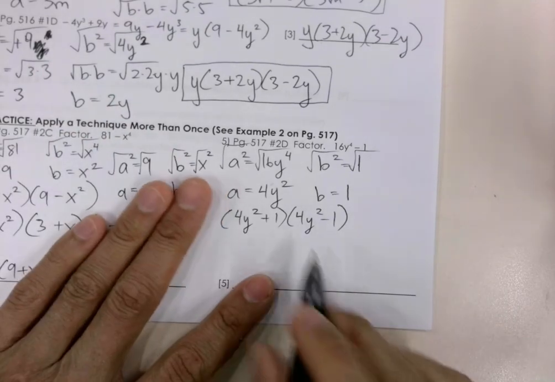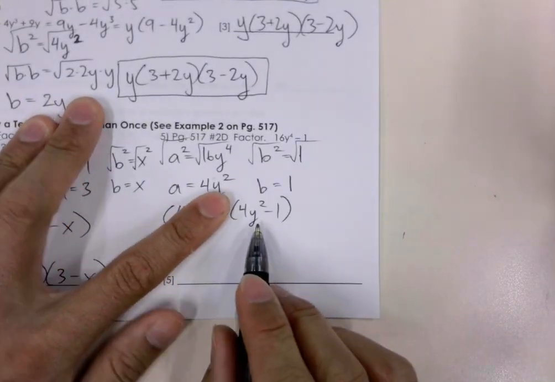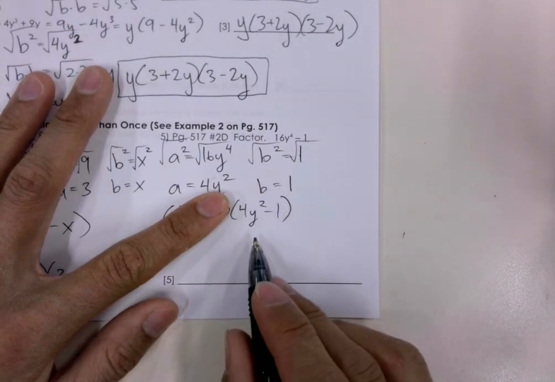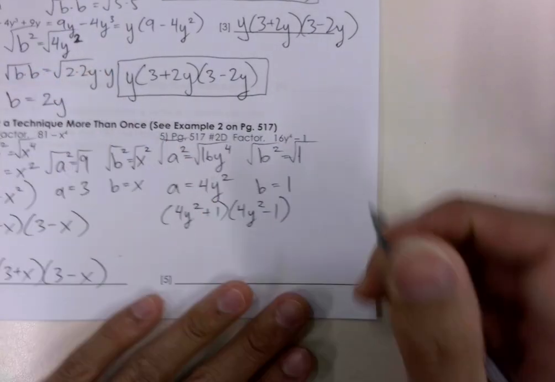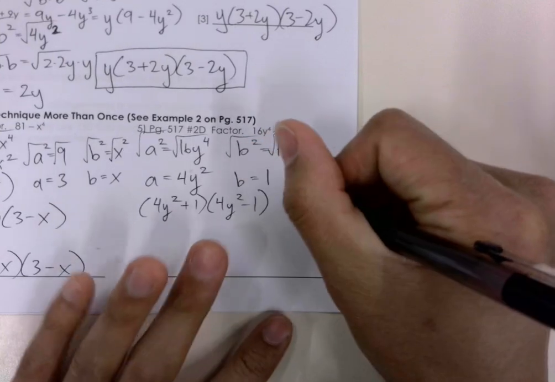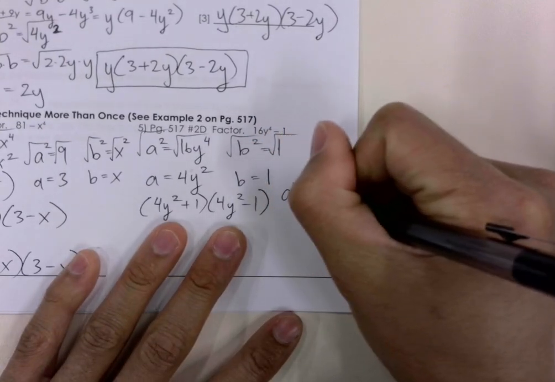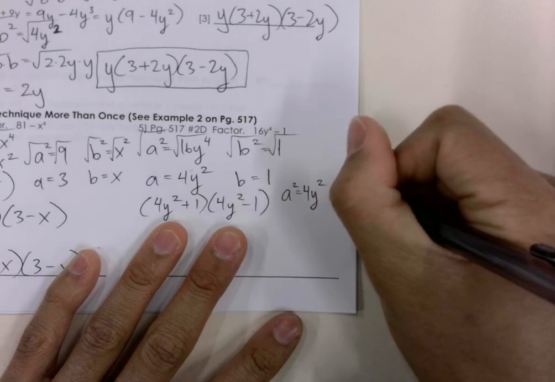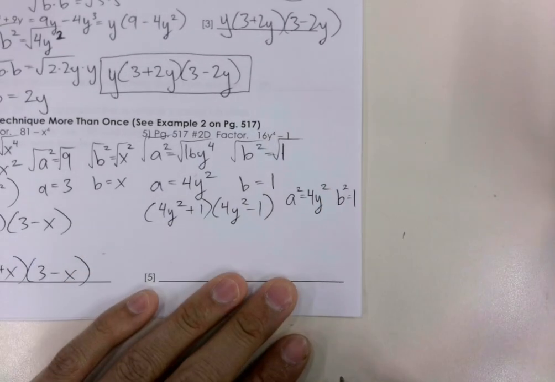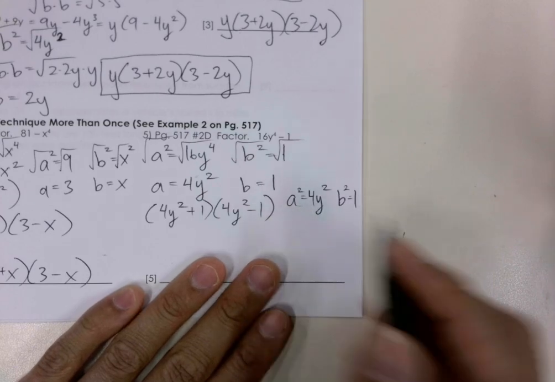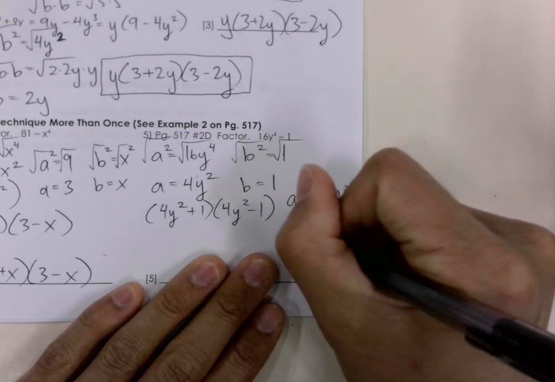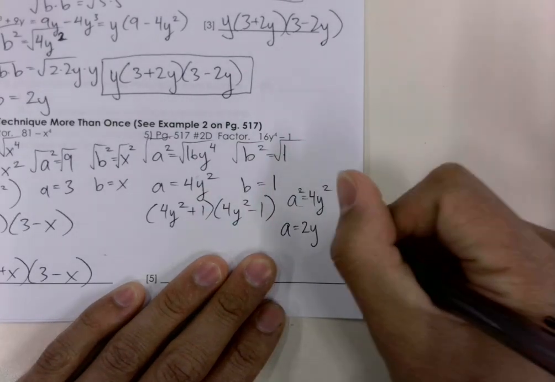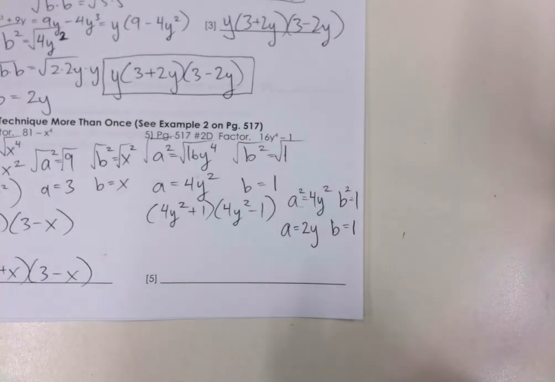And if you notice here in this polynomial, we can go ahead and apply the difference of two squares pattern again, right? So for this one here, our a squared is equal to 4y squared, and our b squared is equal to 1. Okay. So if we take the square root of both sides, what we're left with is a is equal to 2y, and b is equal to 1.